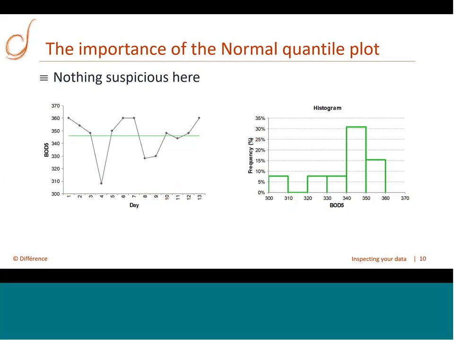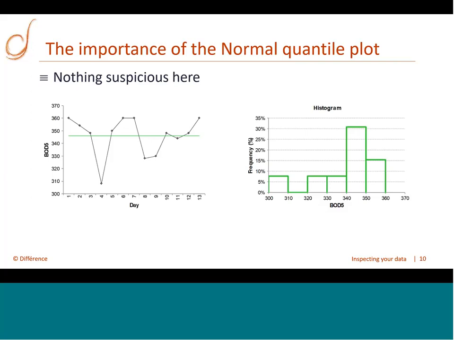Now let's look at this data. It's my last example using a histogram and a normal quantile plot. Those data, you can see on the left graph, it's a trend chart. So it's observations over 13 days. We have one observation per day.